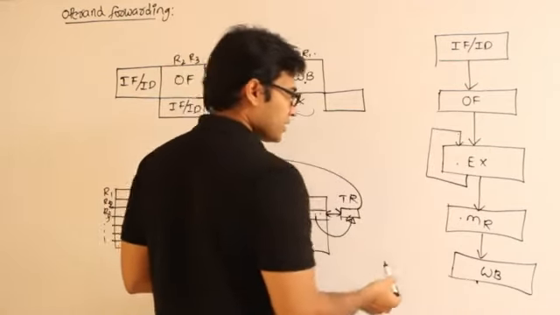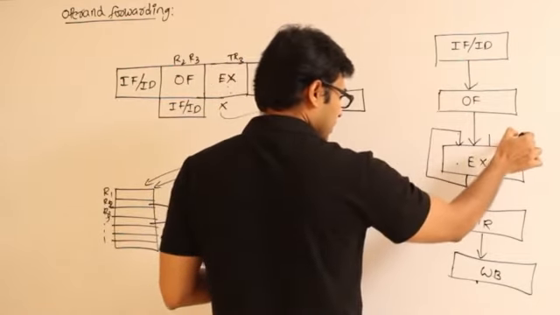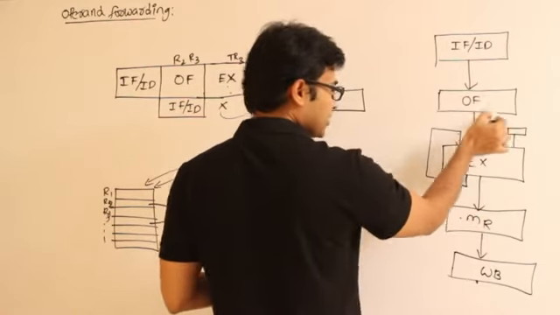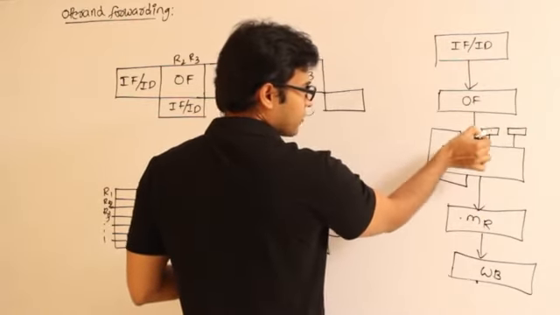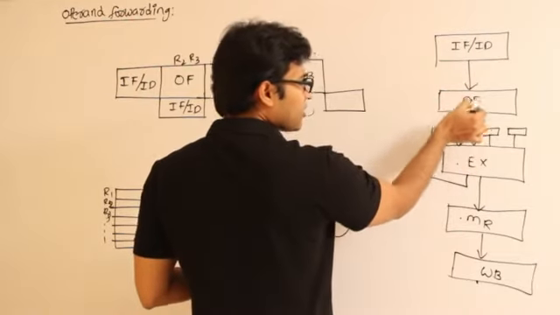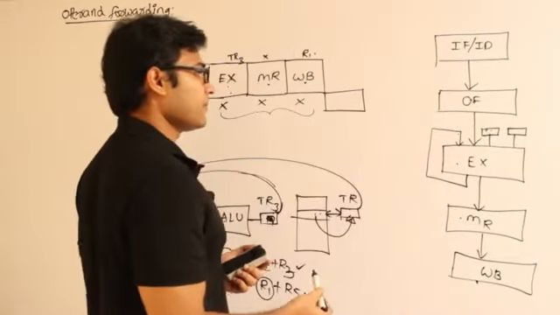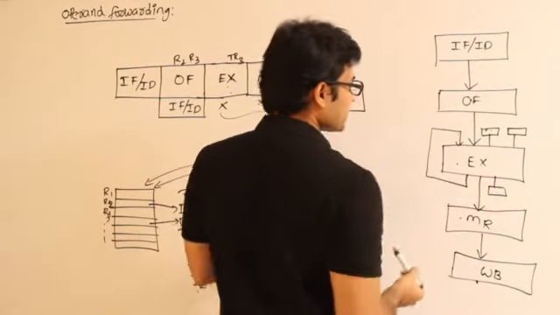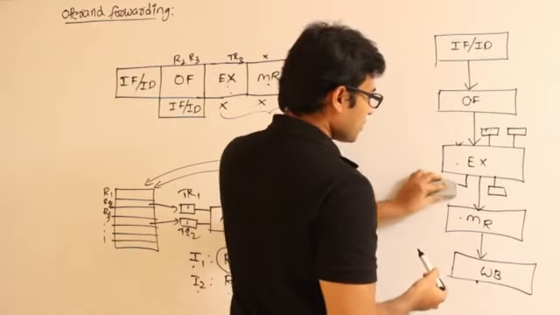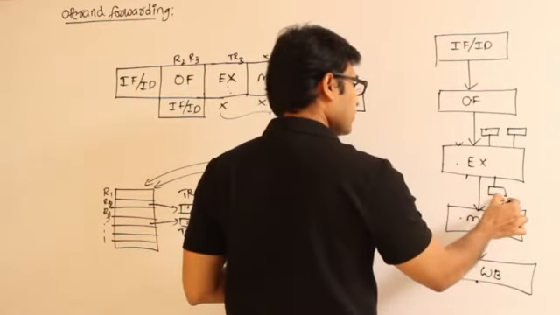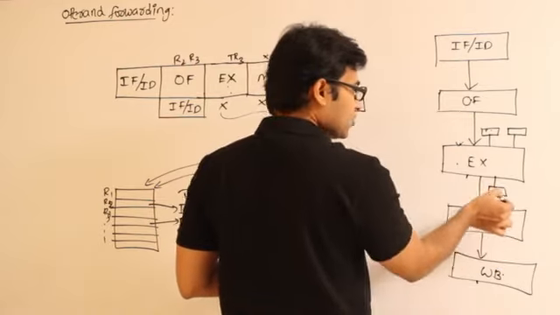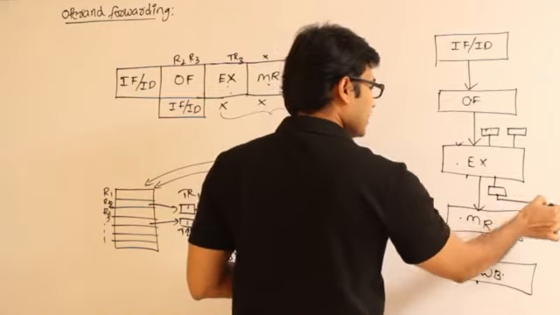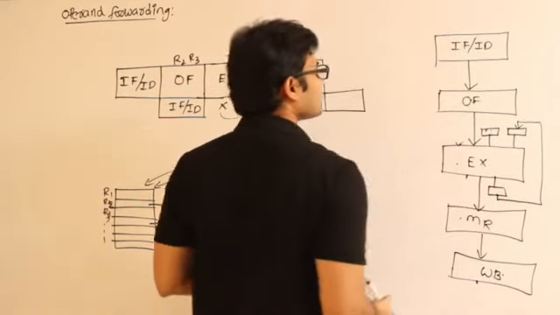So if you want to understand it clearly, you know that to the execution phase we are going to provide 2 temporary registers into which the operands will be read during the operand fetch phase. Where will they be read from? They will be read from the register file, isn't it? Now the output of this is going to be stored in a temporary register. This says that without waiting for the write back stage to copy this register into the register file, you can directly write it back here.